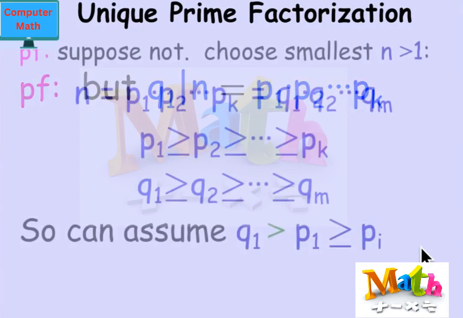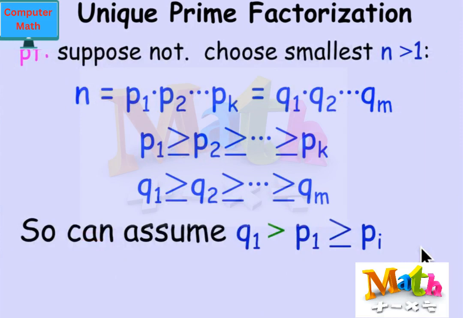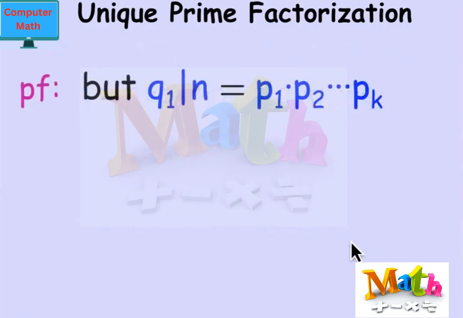it's not possible for q1 to equal p1, so one of them has to be greater. We may as well assume that q1 is bigger than p1. Okay, so q1 is bigger than p1, and p1 is greater than or equal to all the other p's, so in fact, q1 is bigger than every one of the p's. Well, that's going to reach a contradiction because of the corollary.